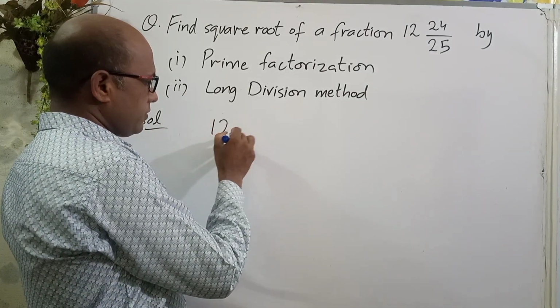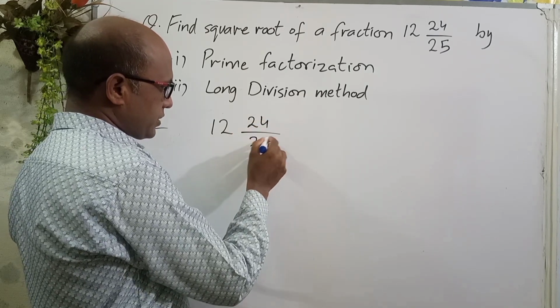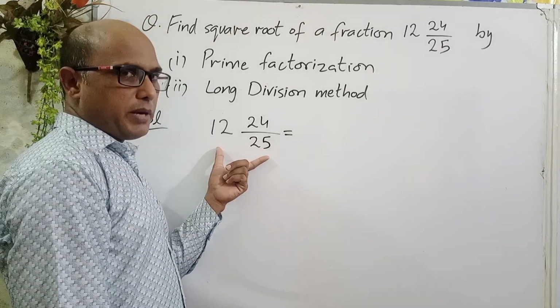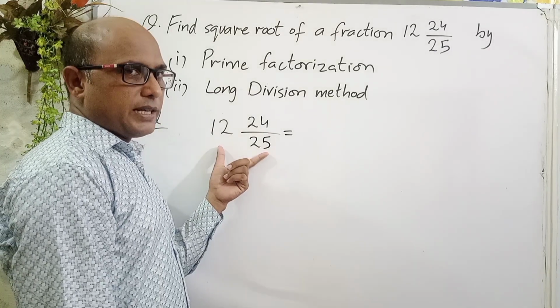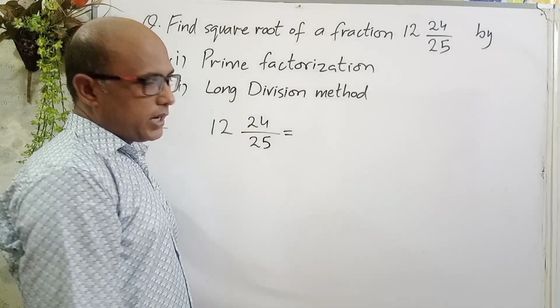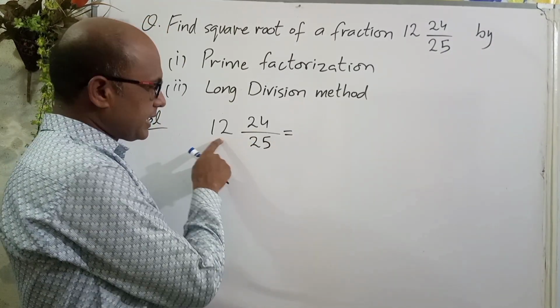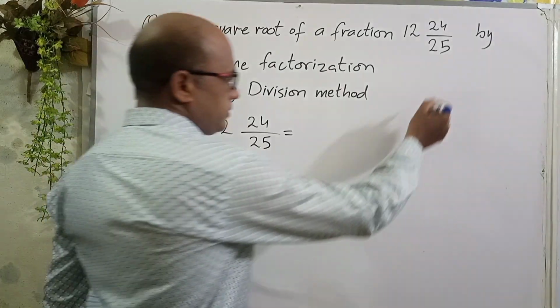Students, first of all, we'll write the given fraction. You know it, this is a mixed number. First of all, we have to convert it into a fraction, a proper fraction or improper fraction. So first we multiply the denominator with the whole number.